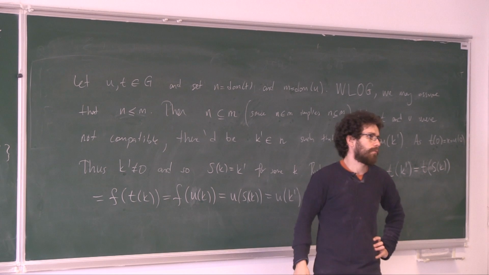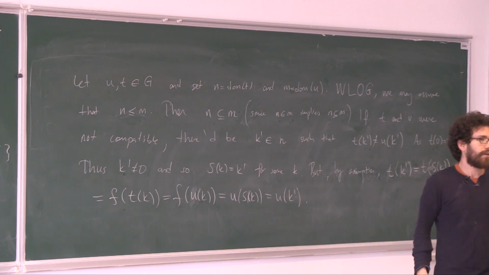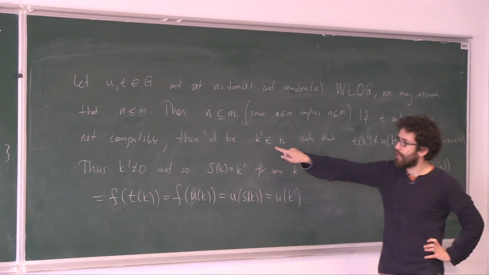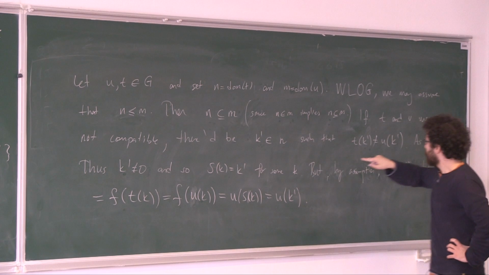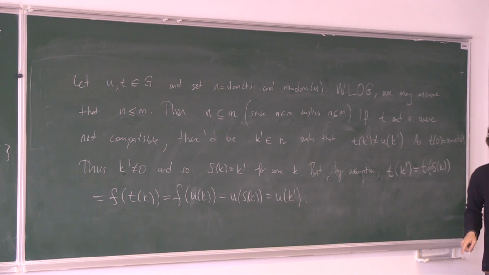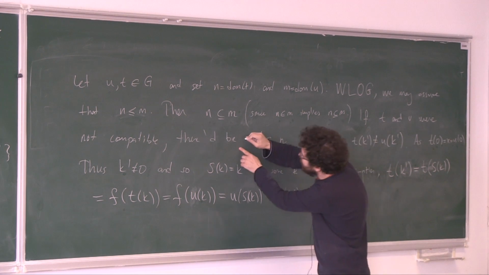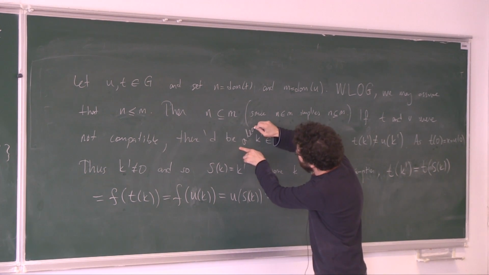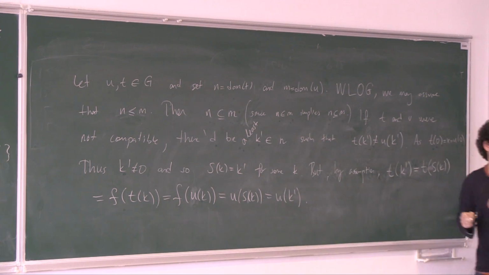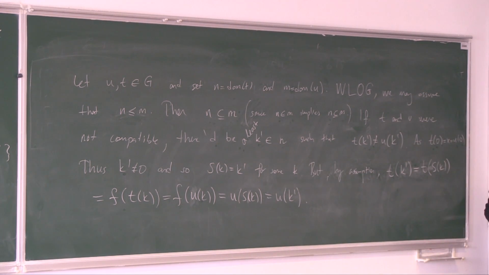Why is that true? There is no reason for this to be true unless you make sure that this k prime for which these functions take different values is the least such. That's the word I want to sneak in: there would be a least k prime satisfying this. I'm taking that.